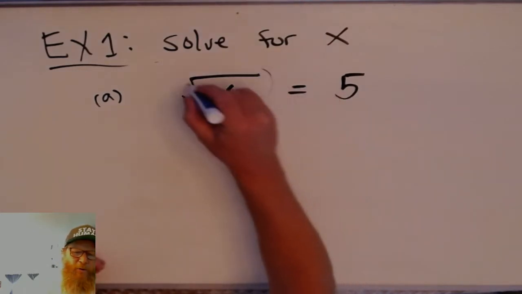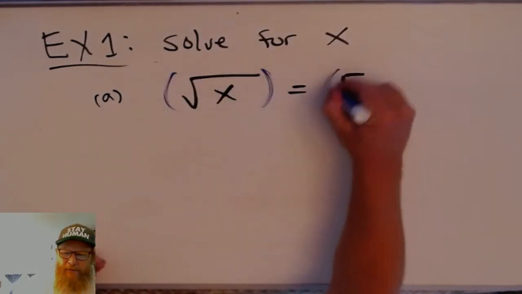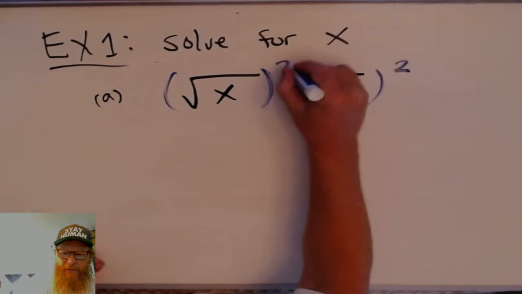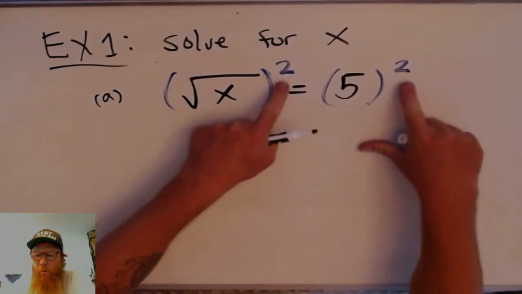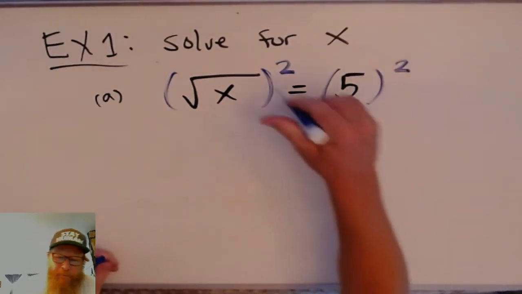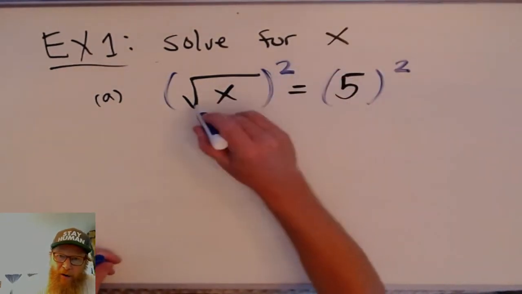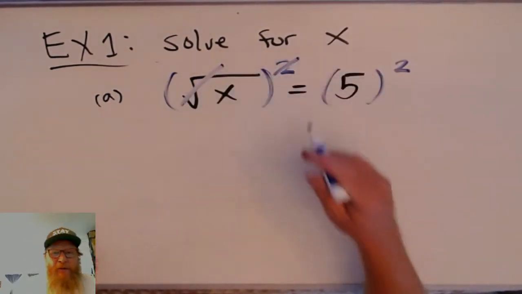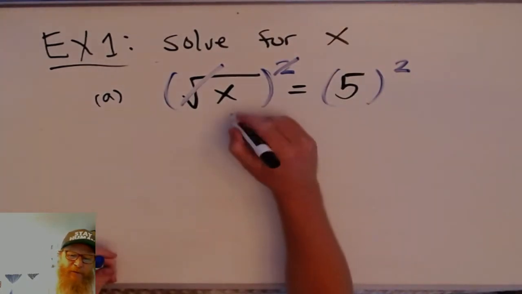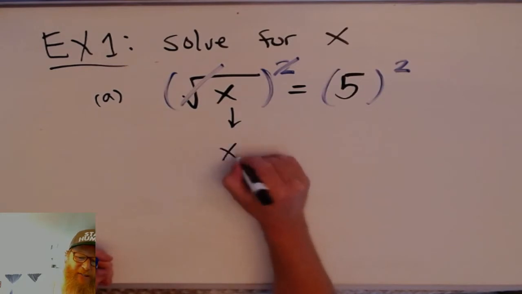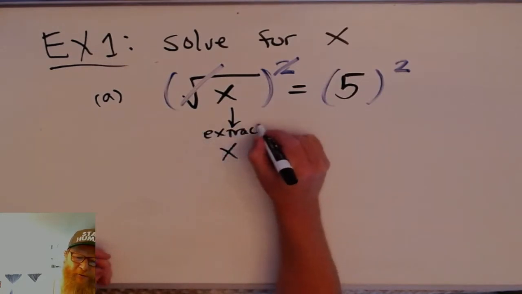So we're going to square both sides. We're not going to square root both sides, we're going to square both sides. The square and the square root are inverses of each other. They cancel each other out. This is sometimes called extracting the root.